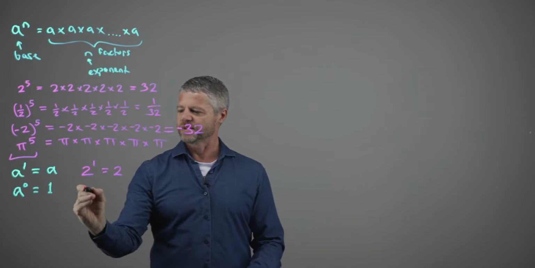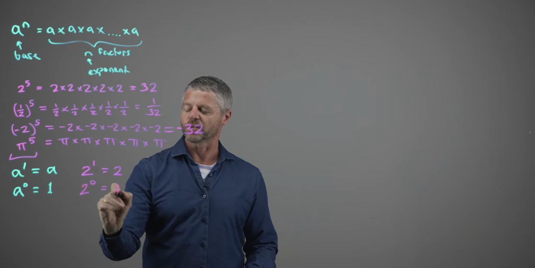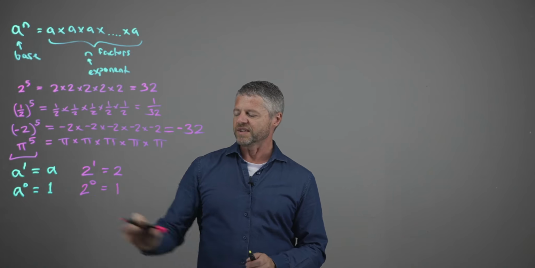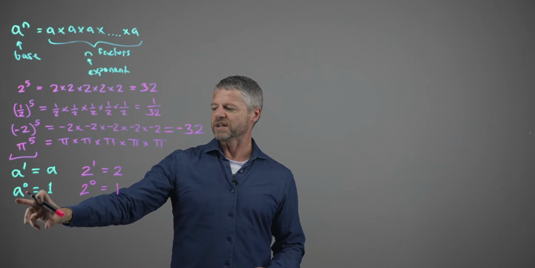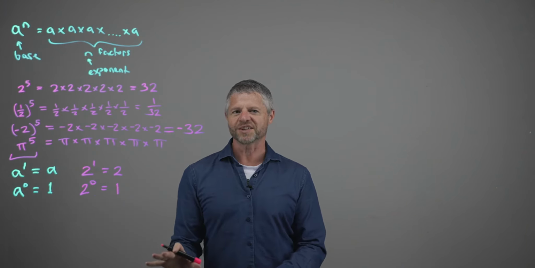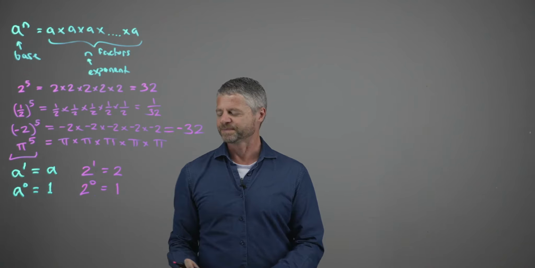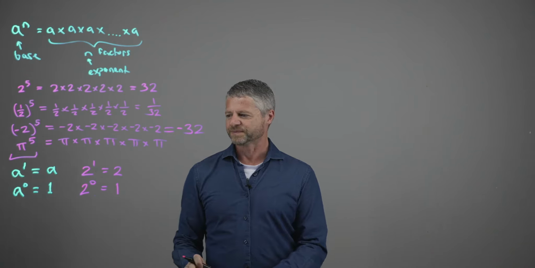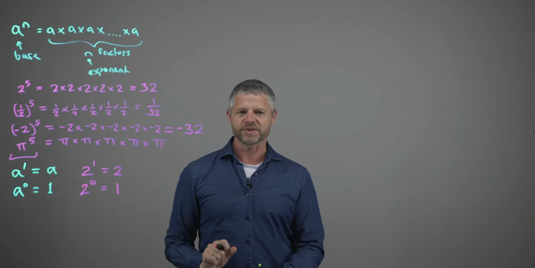So for example, 2 to the 0 is just the number 1. And this works for any real number for the base a. It can be a little bit tricky thinking about 0 to the power 0, but at least for some branches of mathematics, 0 raised to the power 0 is defined to be 1. We generally don't worry about that kind of thing, and we're normally working with bases other than 0, and so any base raised to the power 0 is 1.